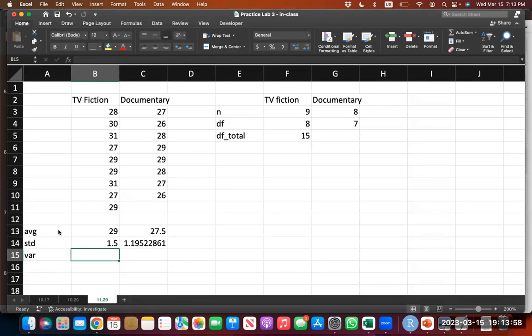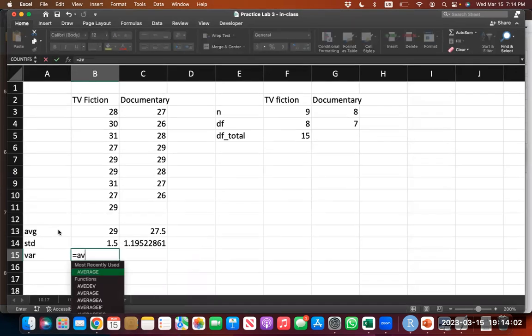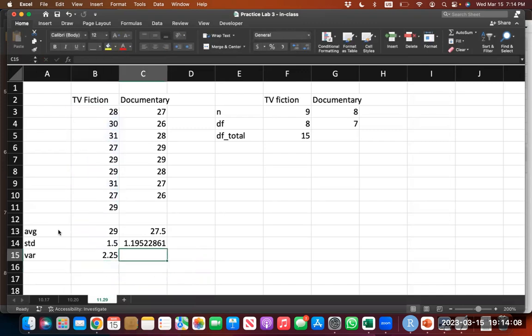With a smaller sample size, you would expect actually a larger deviation. If you calculate the variance, you're basically getting a larger variance, or a smaller variance.